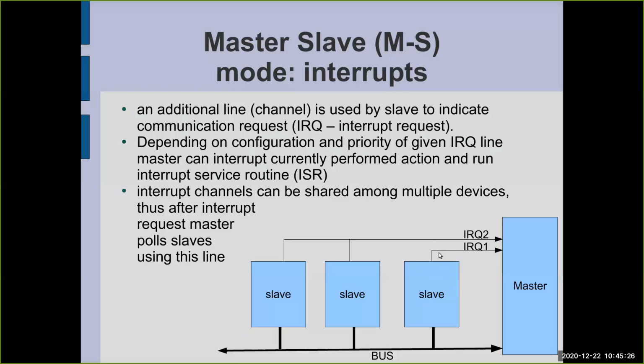So it may send a high state on the interrupt line, and then master verifies who called this interrupt and gives the permission to the particular slave. Or if the interrupt channel is shared among several slaves, it polls the slaves, but only those where something happened.